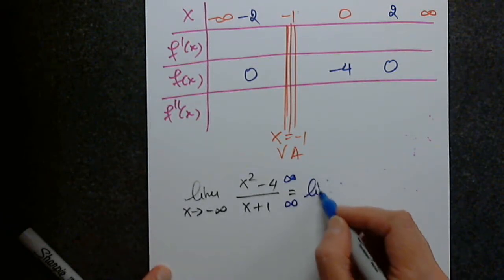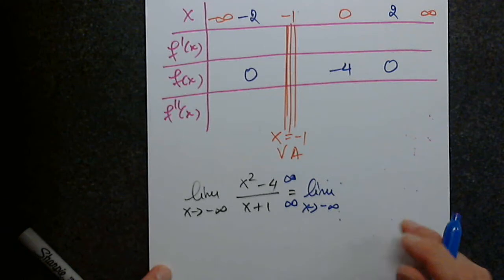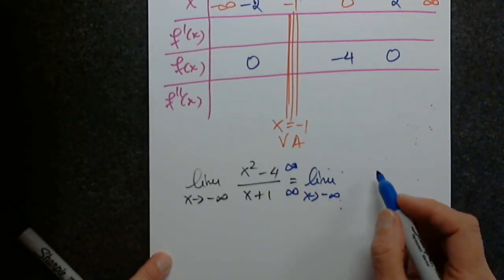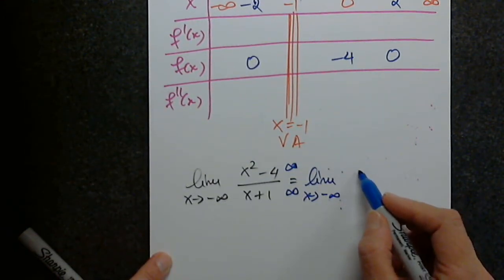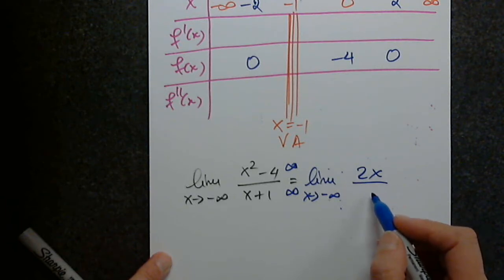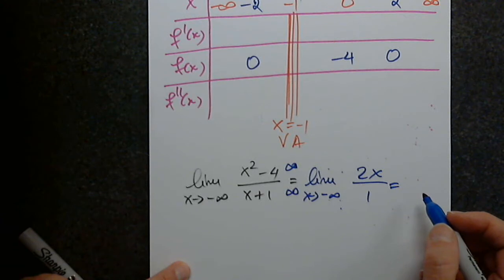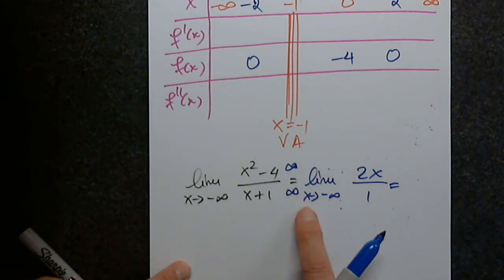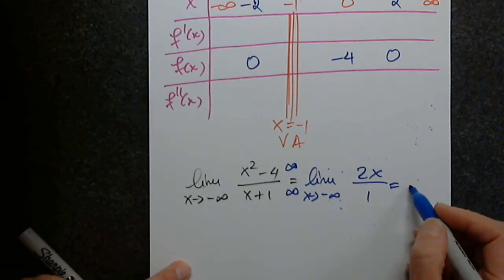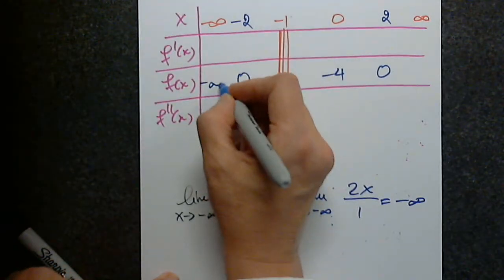So then what do I do? Good. Top is? Excellent. The bottom is? Good. The limit is? When x approaches negative infinity. That's it.